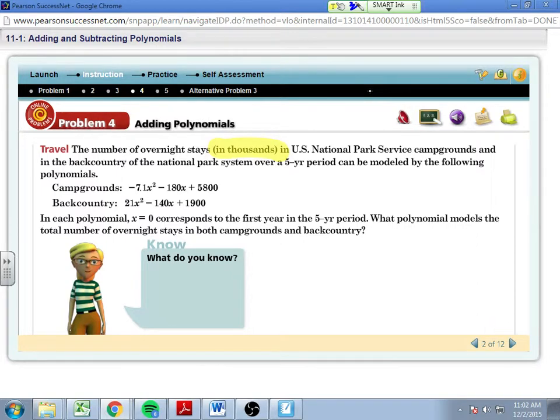All right, so we want to combine these to talk about combined campground and backpacking. How many people stay? All we can do here is combine our like terms. We can say together or something like that.